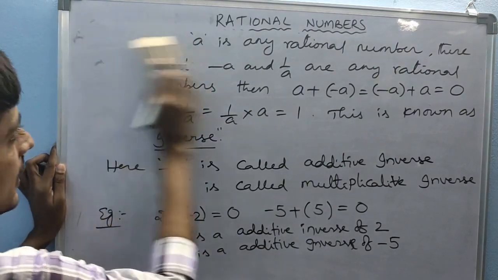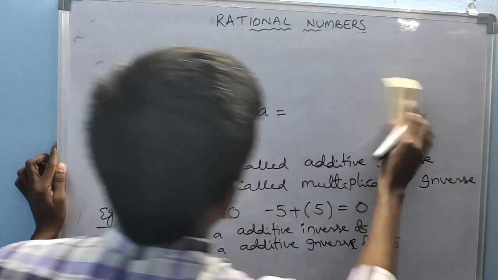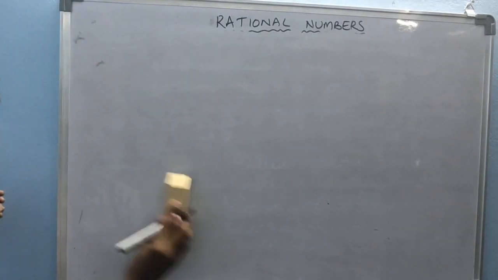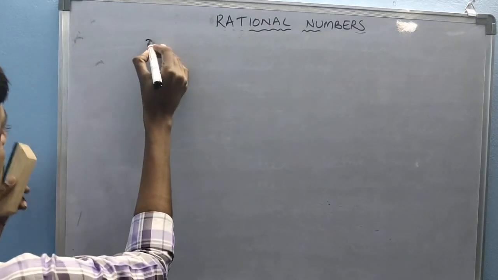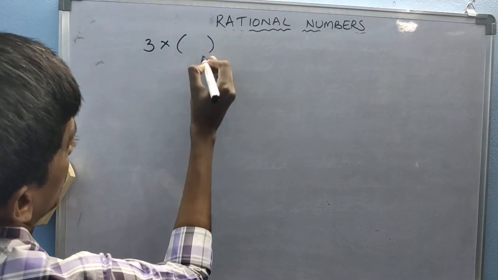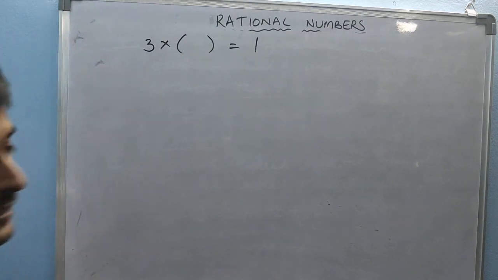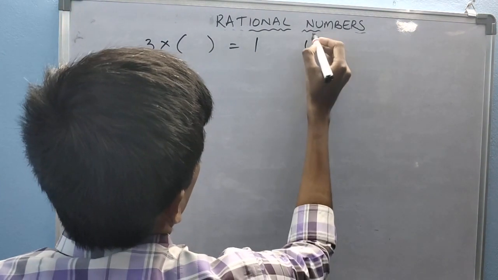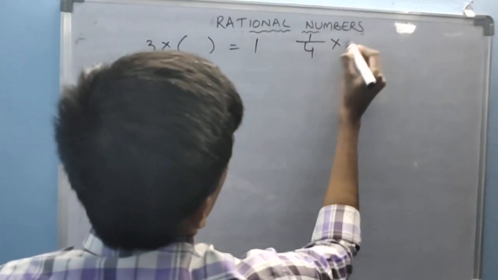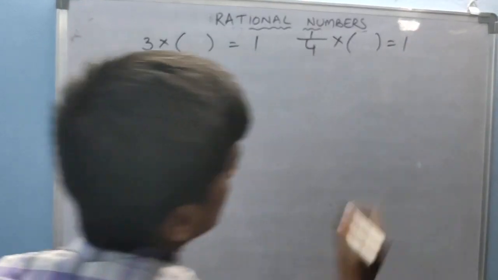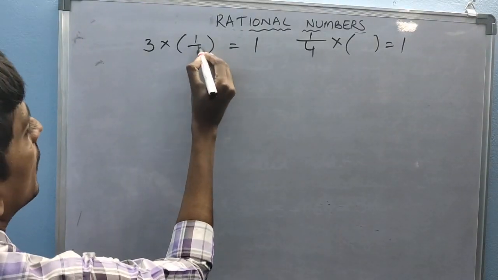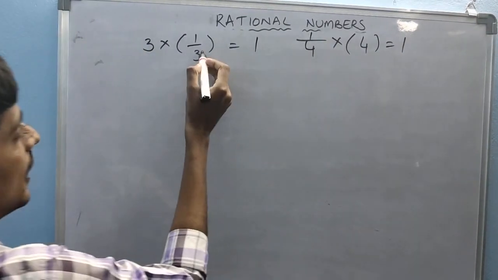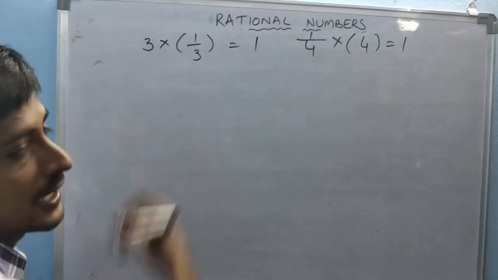And one example for multiplication. For example, 3. Which number multiplied to 3 gives 1? And for example, 1 by 4. Which number multiplied with 1 by 4 gives 1? It is 4. If you cancel the 4 and the 3, it gives 1.